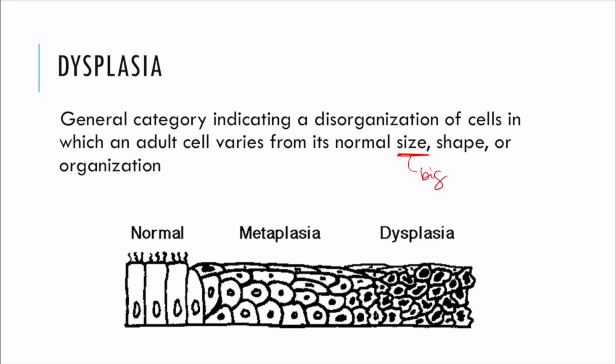You can see changes in the nuclei of the cell. You can get what's called hyperchromatic nuclei where they get real dark. That's represented here by those dark hyperchromatic nuclei. The lack of organization can be seen in what's called mitotic figures, evidence of cells undergoing mitosis.